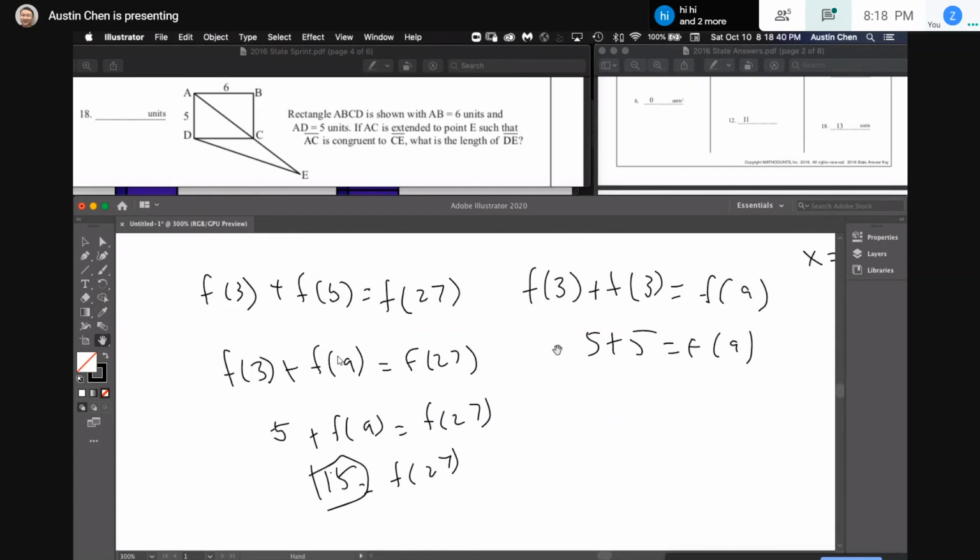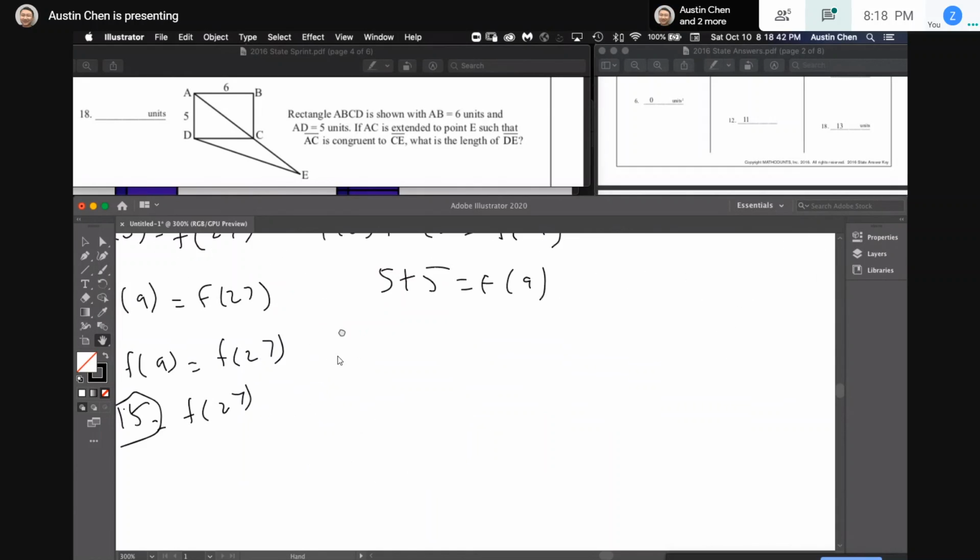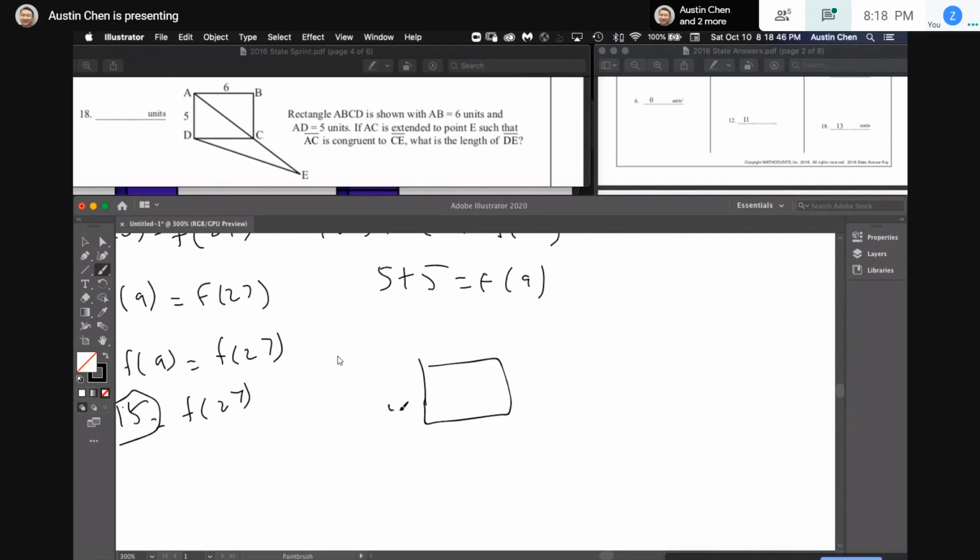Okay, first I'm going to draw it here. So we're going to have AD is 5, AB is 6, and AC is here. So we're extending AC to E such that AC is congruent to CE, which means that they have the same length, right?